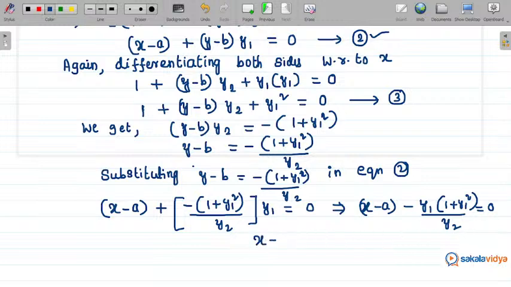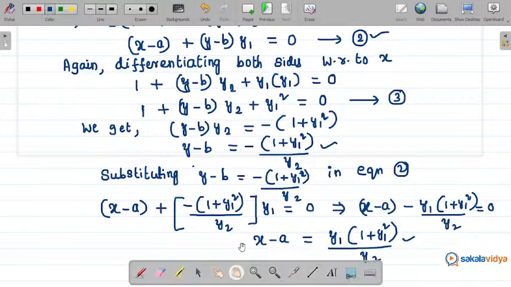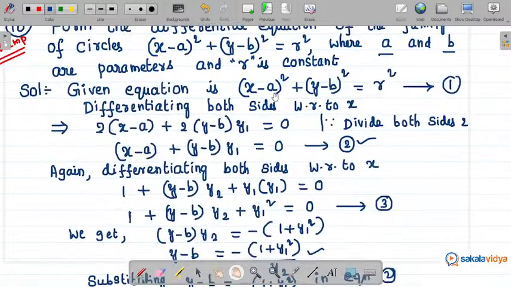So x minus a is equal to, transposing this side, y1 times 1 plus y1 square upon y2. That means we know y minus b and we know x minus a. Both are to be substituted in equation 1. So what is equation 1? Let us see.